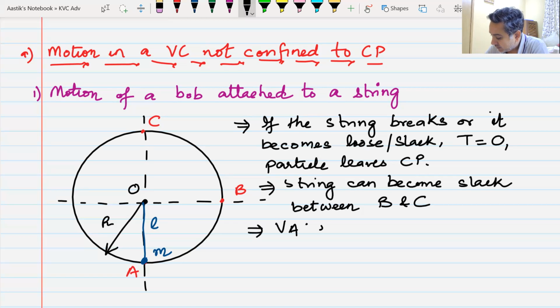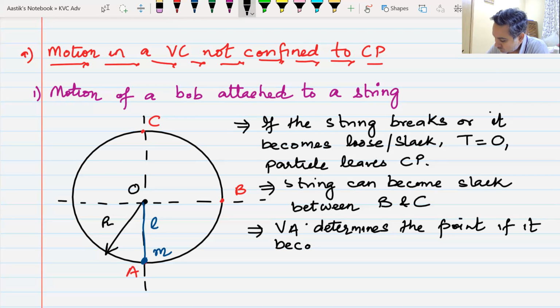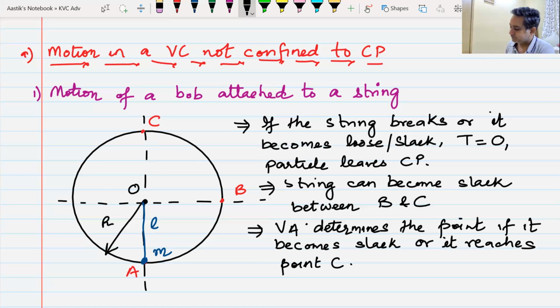Speed at point A determines the point if it becomes slack or it reaches point C. Now, if the string becomes slack, it is going to leave the circular path.